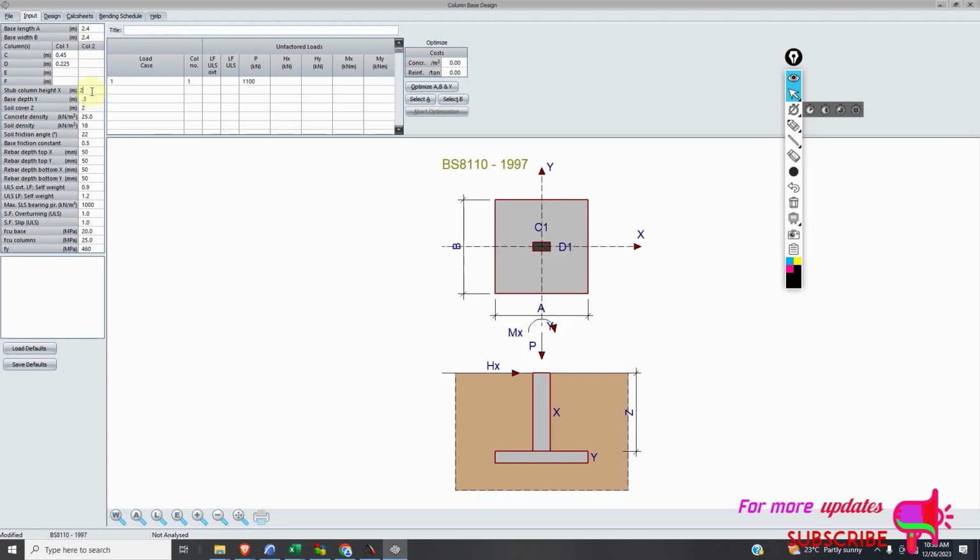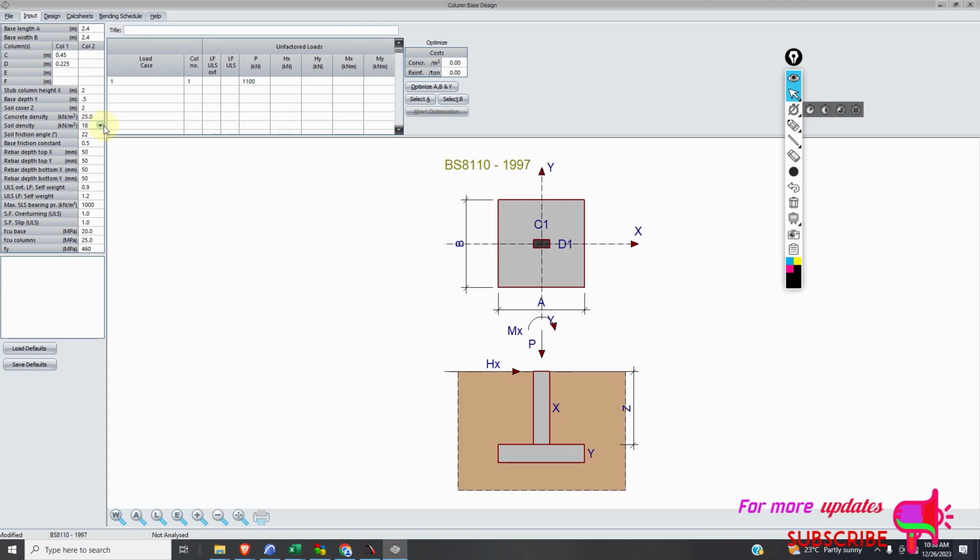The tab height, the depth, and then the cover soil should be increased, and then you can also increase the depth of the beam to 5, the base to 0.5.